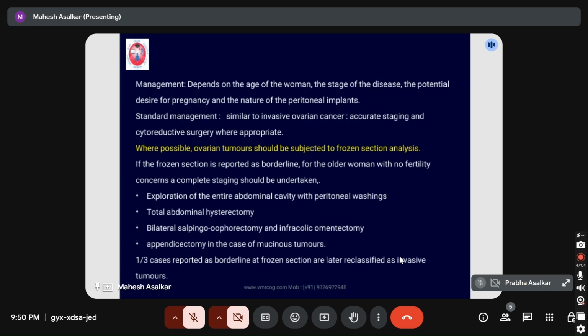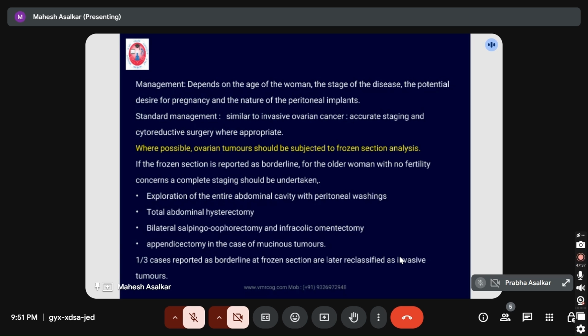Where possible, ovarian tumor should be subjected to frozen section analysis. If the frozen section is reported as a borderline for older women with no fertility concern, a complete staging should be undertaken. So ultimately you have to do the complete staging, provided the woman is older and there is no desire for fertility.